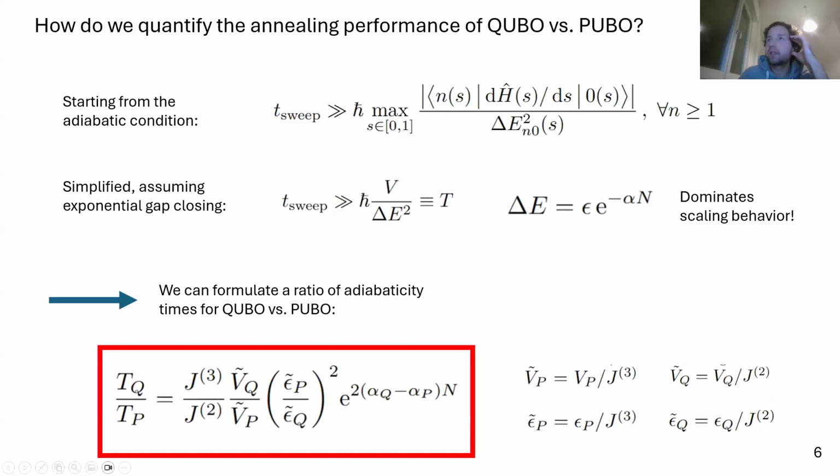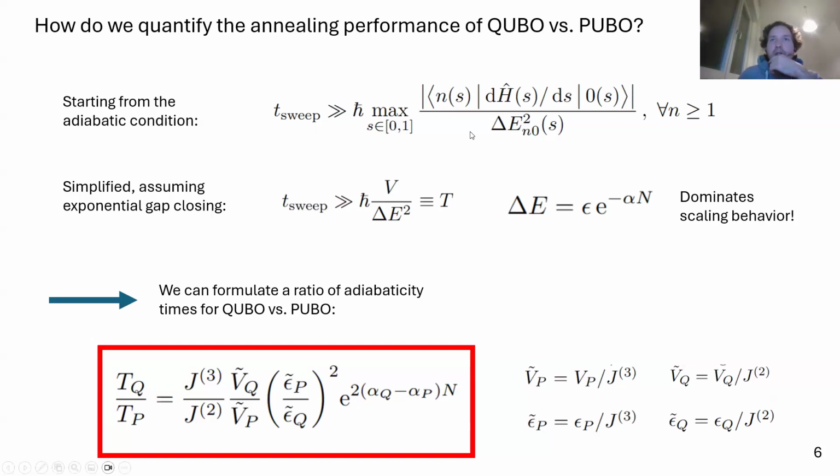Okay, then the question is, if we compare these PUBO and QUBO problem instances, how do we measure, or what is the quantity that tells us how much faster the QUBO formulation or the PUBO formulation is versus the other?